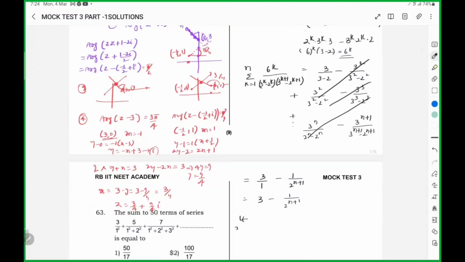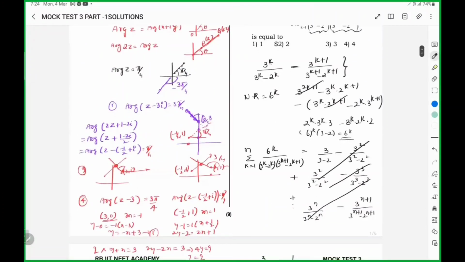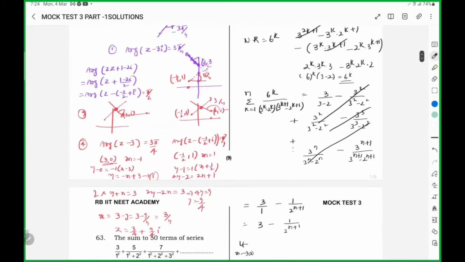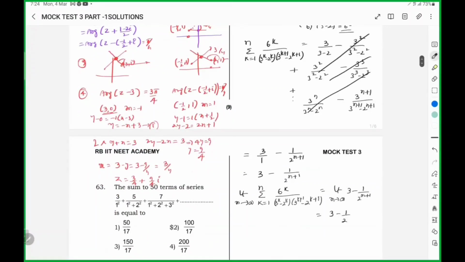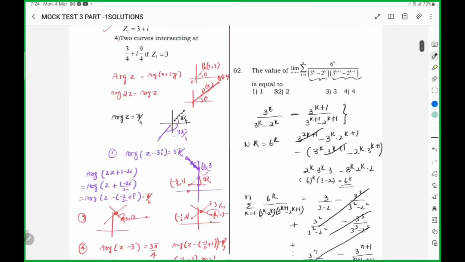Now limit n tends to infinity of this sigma of all those, as n approaches infinity. Here we get sum as 3.